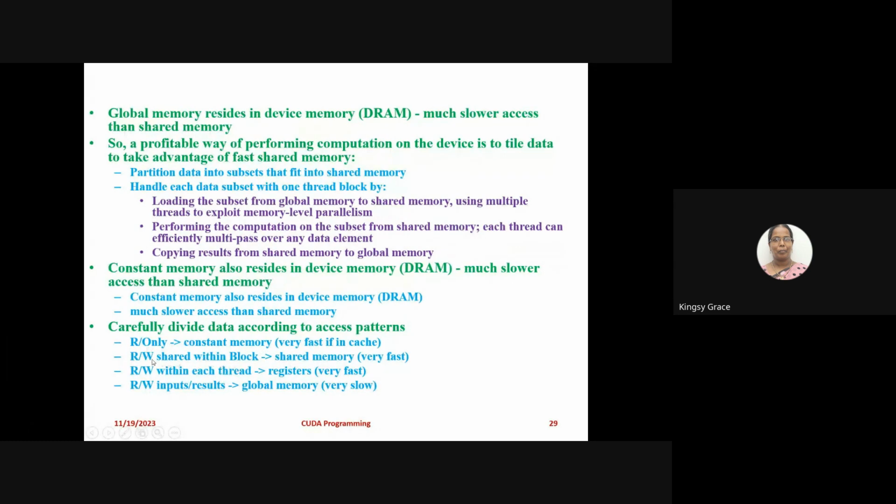Shared memory is read and write within a block. Registers are read and write within each thread. Registers are very fast, and shared memory is also very fast. Input and results are read and written in global memory, which is very slow. So for processing, you can use shared memory and registers, both very fast.